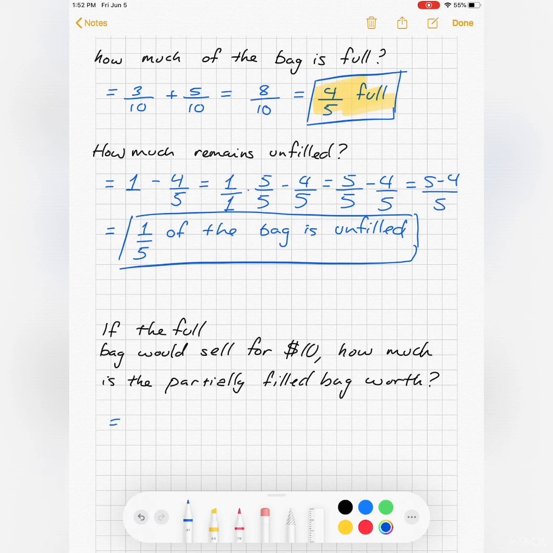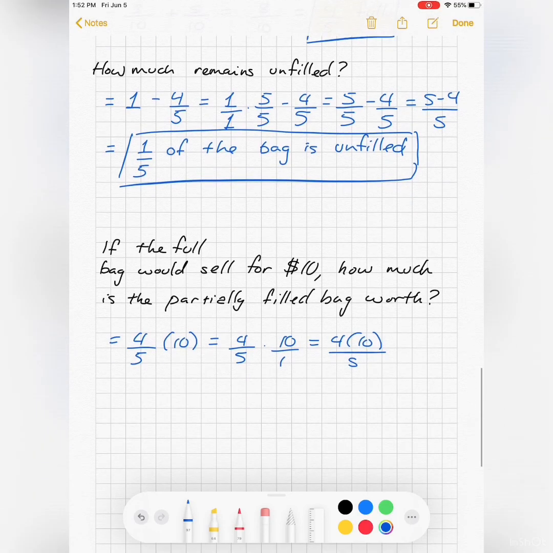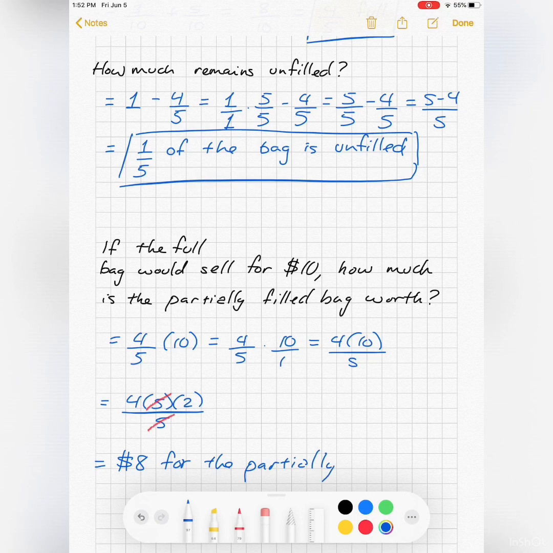So if the whole bag sells for $10, then we're only going to get 4/5 of that $10 for the partially filled bag. So we're going to get $8. Makes sense.